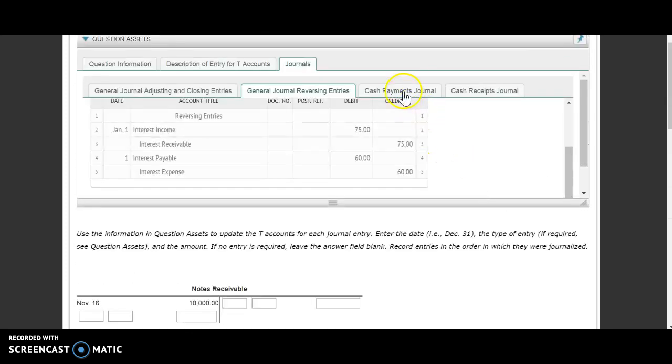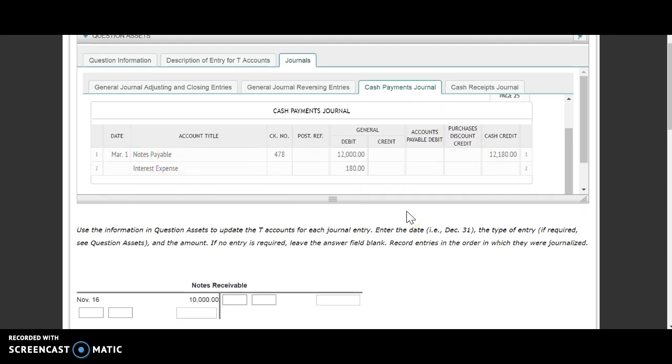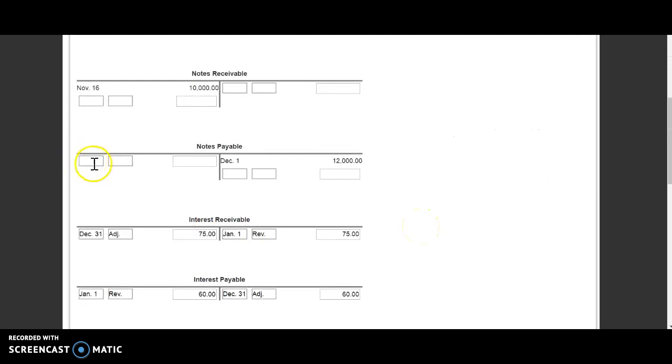Okay, next journal is our cash payments journal. So here I'm going to go first to my notes payable. I have a debit of $12,000 to notes payable. So my date is March 1st. Now in this case, it's not an adjusting, a closing, or a reversing entry, so I'm going to leave that blank and put in my debit of $12,000.